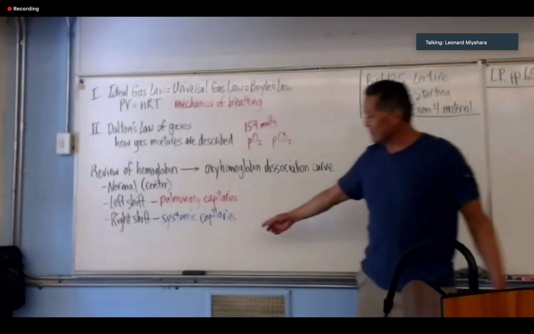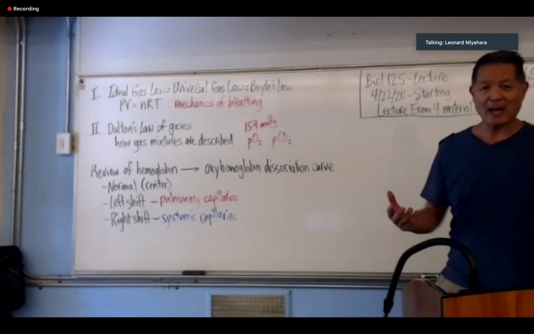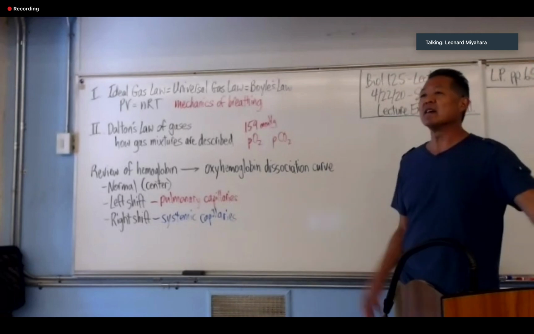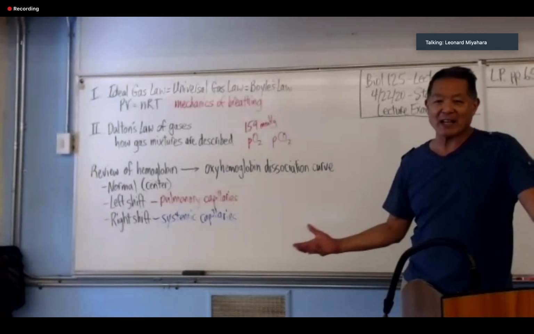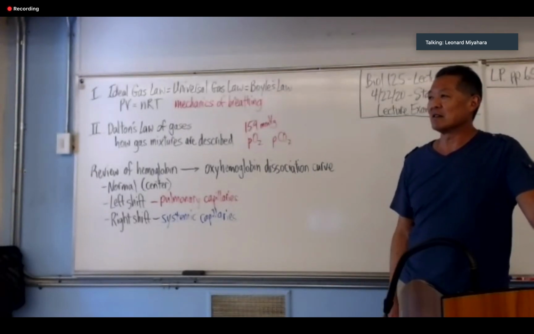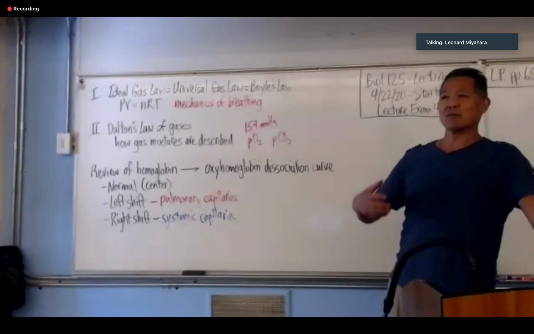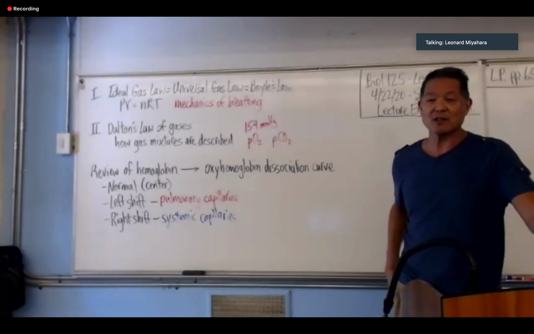Then you go to the right shift. We found in systemic capillaries, you've got a lot of cells working. A lot of working cells are making a lot of CO2 and maybe even lactic acid if they're working really hard. All of it is making it more acidic, more work, more metabolism, more sliding filaments. You're going to get higher temperatures.